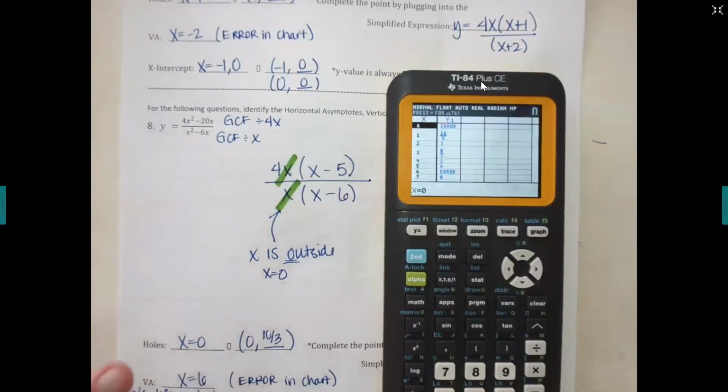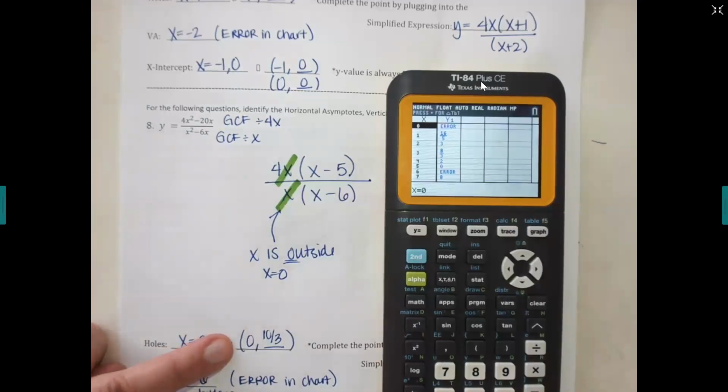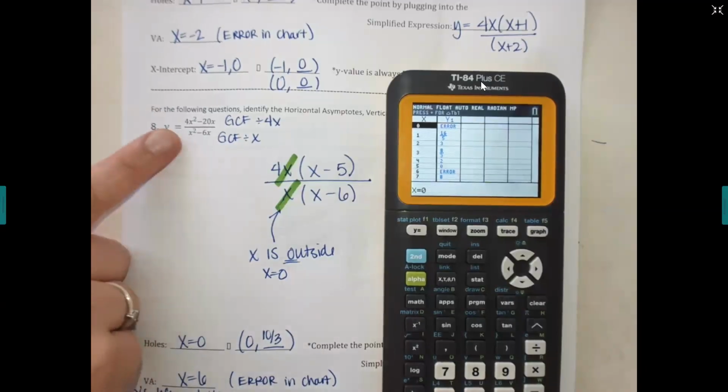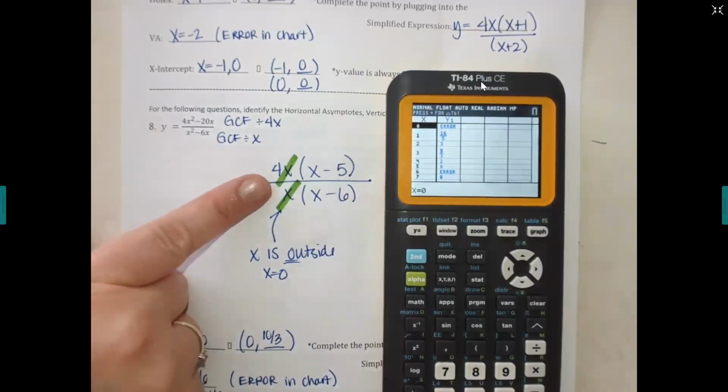Error. You're not going to get the 10/3 if you don't fix it by doing the factor cancel. So if you type in the original, you can still see that 0 is an important number, but you can't find its y value if you don't have the factors crossed out. So don't put in the original, you need to put in the fixed version.